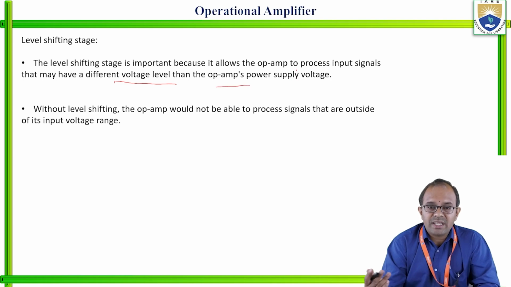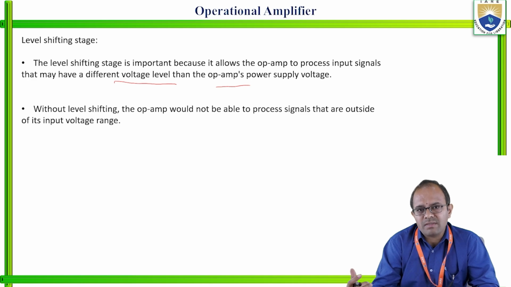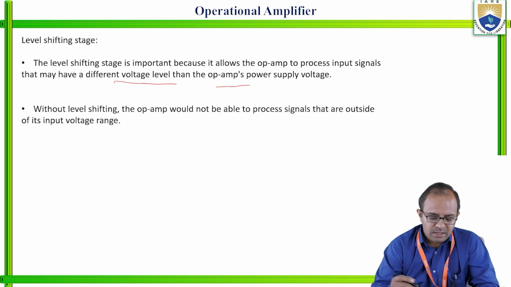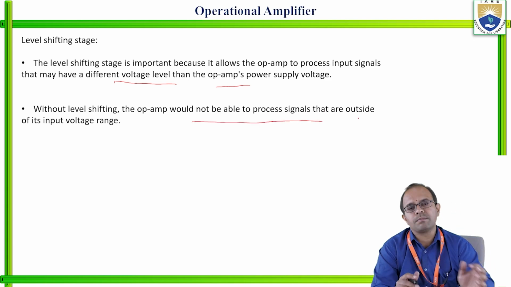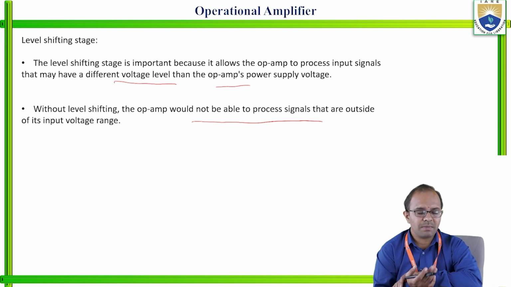If it is so, then it is very difficult to handle such different signals, right? So without level shifting, the op-amp would not be able to process signals that are outside of its input voltage range. So it is a must.